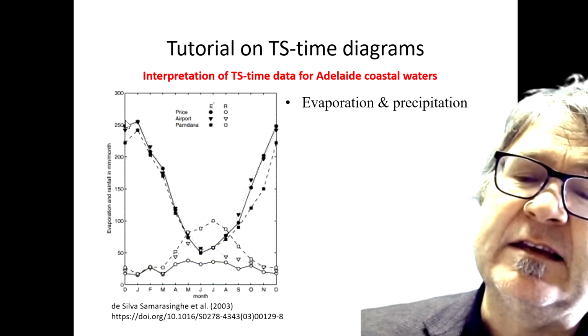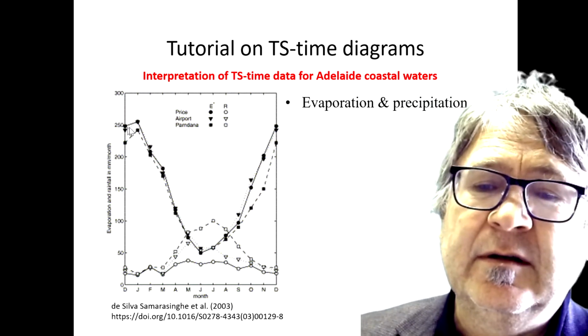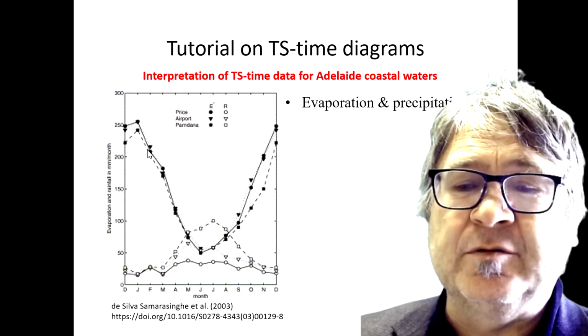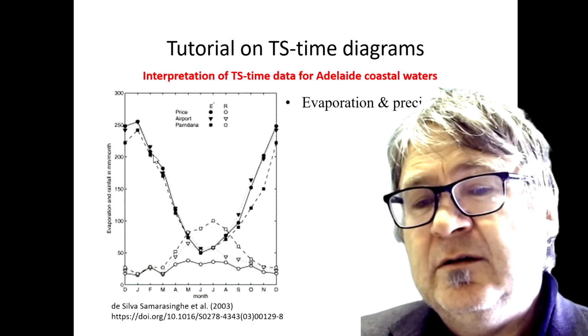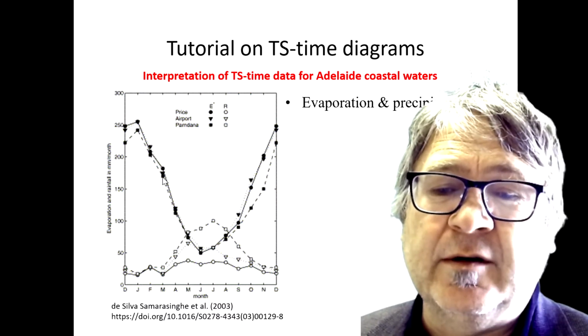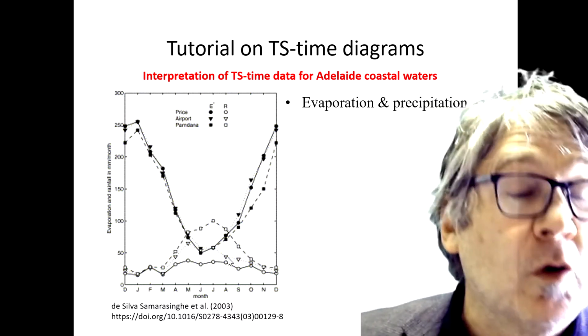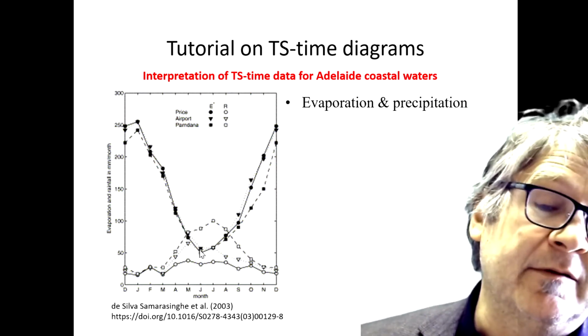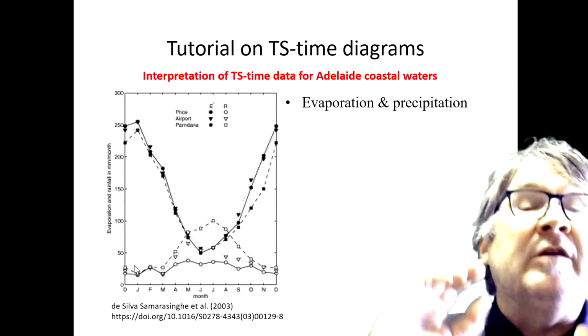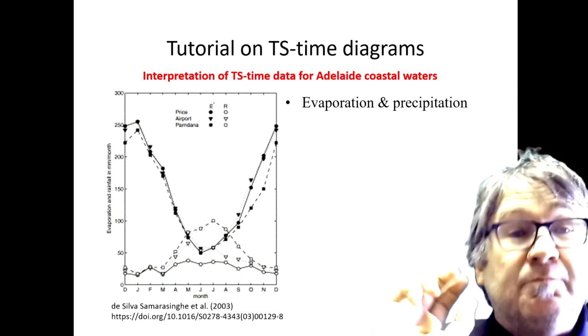So you have 25 centimeters per month in December. Then it drops to 20 centimeters, and so on, 10 centimeters, and then you have the lowest evaporation in winter months, and then it goes back up to high values.